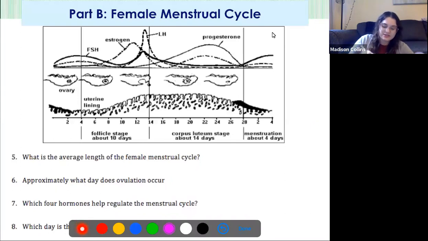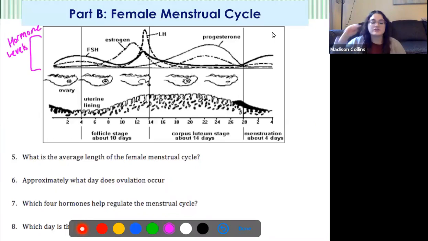This section at the very top, we're looking at hormone levels. We're actually looking at 4 different hormones, and you can see they each have a different pattern of line to trace those different hormone levels. This second part of the graph, we are looking at the ovary and egg activity.